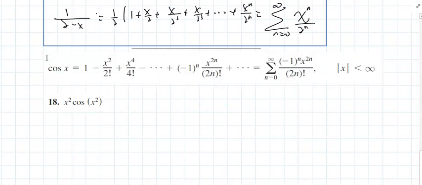So a cosine of x would look like that. Well, let's see how this works. This is going to be x squared times 1 minus... hopefully we're getting the hang of this.